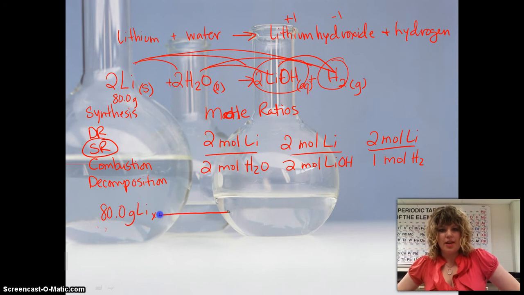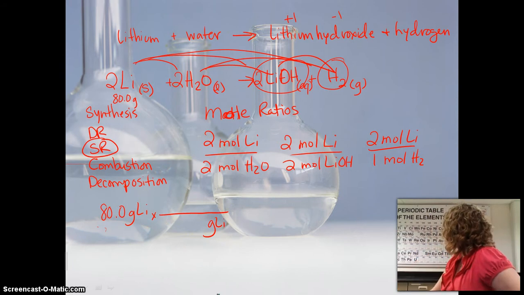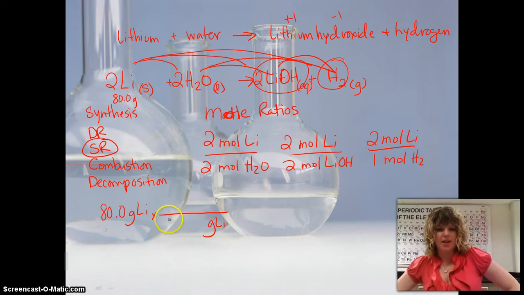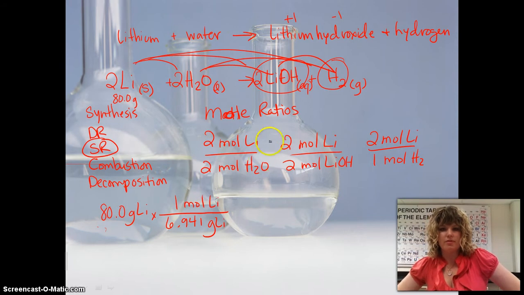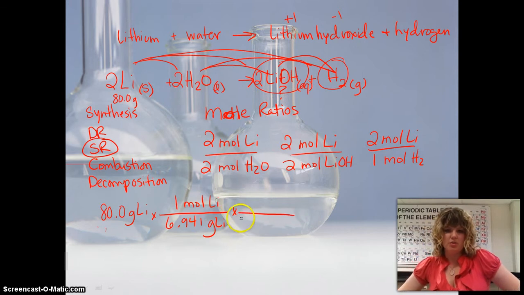From here, you know that grams of lithium has to go on bottom. You just use your periodic table for grams. It would be 6.941. 1 mole of lithium goes on top. So if, let's say I'm going here, I'm trying to figure out lithium hydroxide. Then we'd have to use a mole ratio. So we'd have 2 moles of lithium to 2 moles of lithium hydroxide.